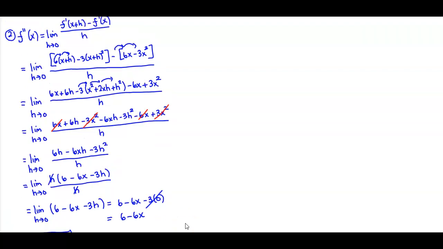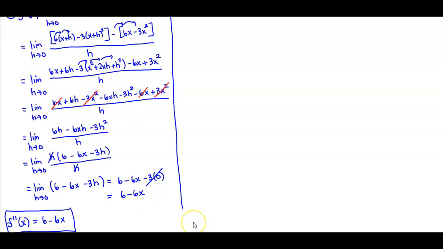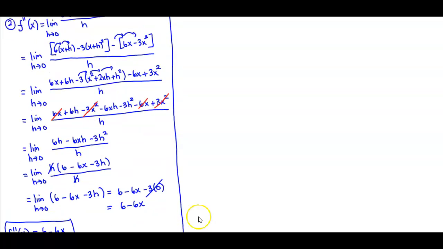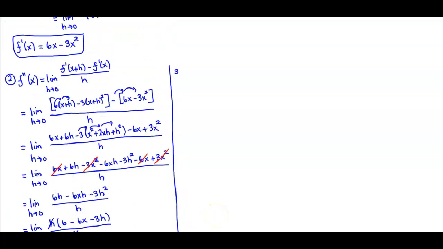Okay, now let's find the third derivative using that function. The third derivative definition states that it is the limit as h approaches 0 of the second derivative of x plus h minus the second derivative function, over h.